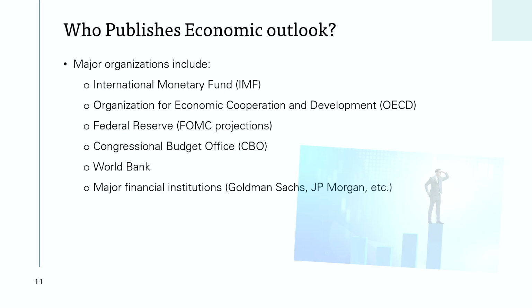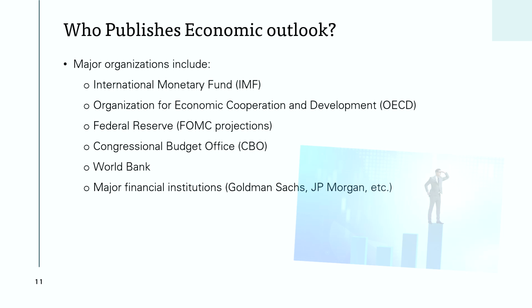Many major institutions publish economic outlooks. The International Monetary Fund and the OECD produce global and country-level forecasts. Within the United States, the Federal Reserve regularly releases its FOMC projections, and the Congressional Budget Office provides the long-range budget and economic forecasts.